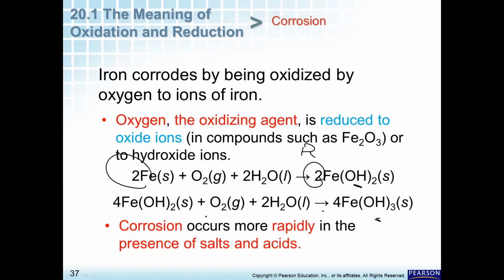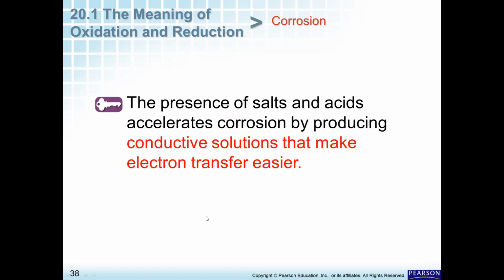Originally we have the iron as a metal, so this is iron 0, and then we moved it to iron 2, but we can oxidize it further into iron 3, and all of that is accelerated with the presence of water. Corrosion occurs more rapidly in the presence of salts and acid, because that makes the transfer of electrons much easier.